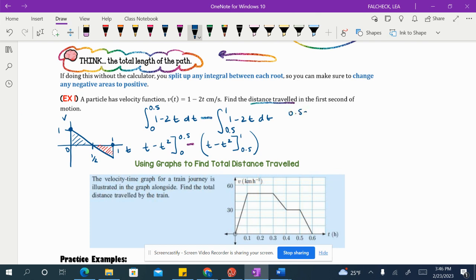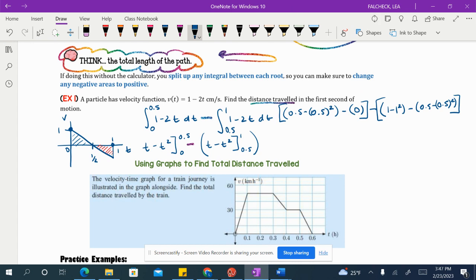So we would get 0.5 minus 0.5 squared minus, here it would be 0. This would just be 0. So that's our first piece. And then we have minus, and then in here we're going to have 1 minus 1 squared minus the second piece, which is going to be 0.5 minus 0.5 squared. Lots of parentheses going on, but we can do this by hand.